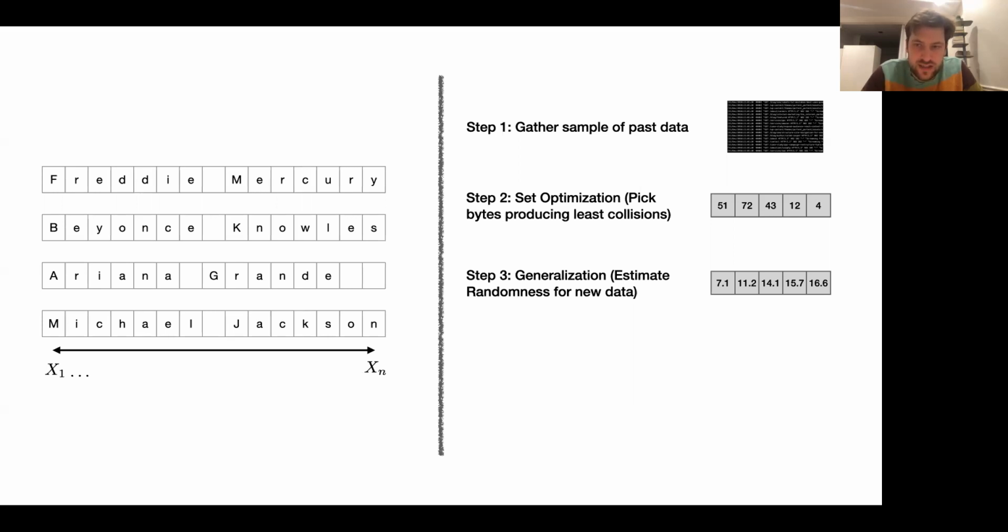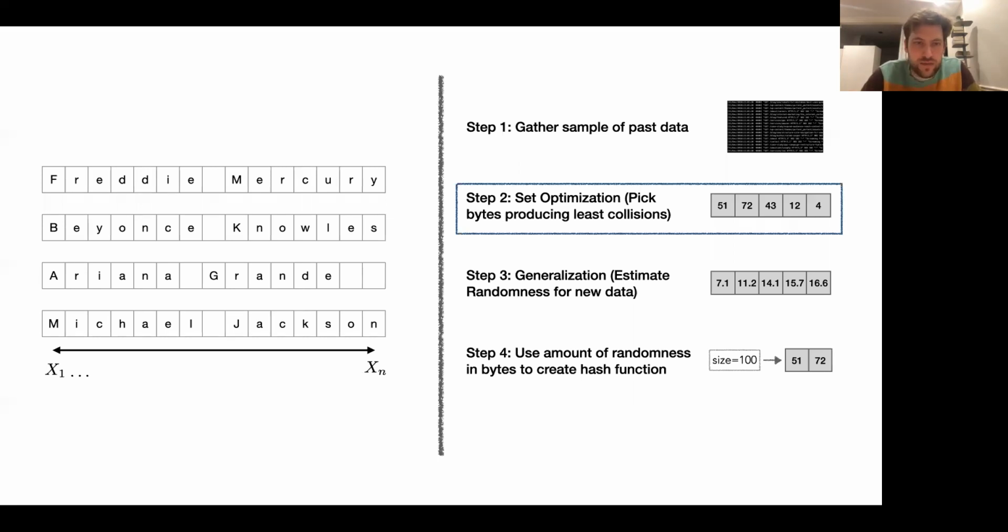So we're going to try and say, okay, even if we are building new hash tables from this data source, or if we have many insertions to our hash table, we still expect to see this many collisions from our sampling procedure. And then step 4 is going to be using the amount of randomness in those bytes to actually choose how many bytes are necessary for our hash function.